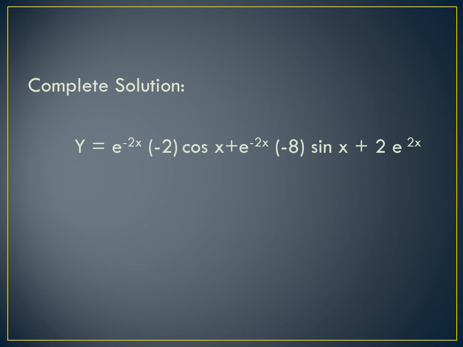Since c1 = -2 and c2 = -8, our final answer is y = -2e^(-2x) cos x - 8e^(-2x) sin x + 2e^x.